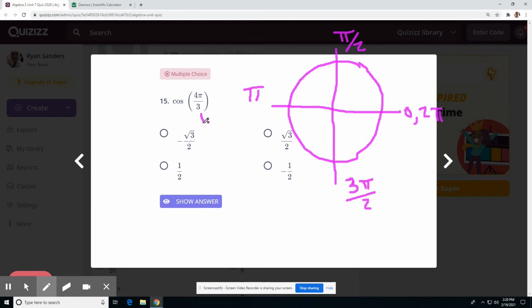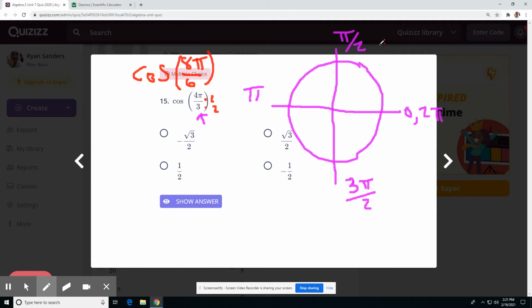Okay. Since this is a denominator of 3, you want to have a common denominator. So what's the common denominator with all of these? It would be 6. 6 would be the common denominator. So I'm going to go ahead and multiply this top and bottom by 2. So this is now cosine of 8 pi over 6. It's the same problem, just increase the fraction.